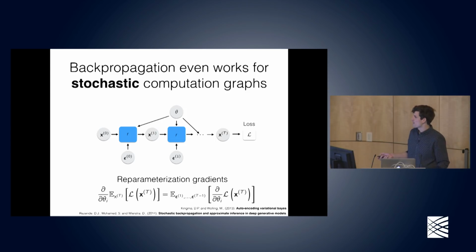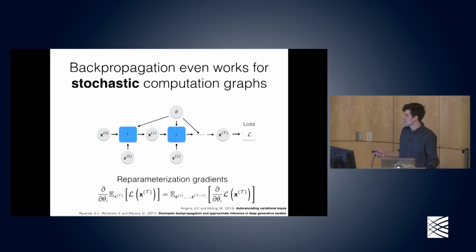Stated a few different ways, you might just think of it as saying that if we have a noisy process where these were random variables that inject noise into our simulator over time, then we can compute the gradient of the average behavior of our simulator, the gradient of the loss of the average behavior, simply by sampling random values a bunch of different times and then computing the gradient, just treating those as constant.